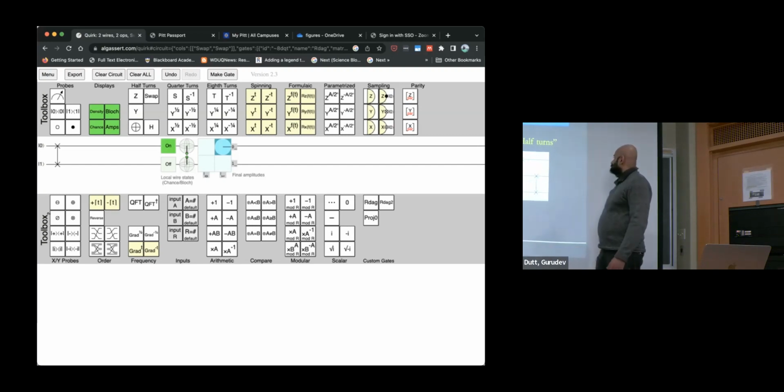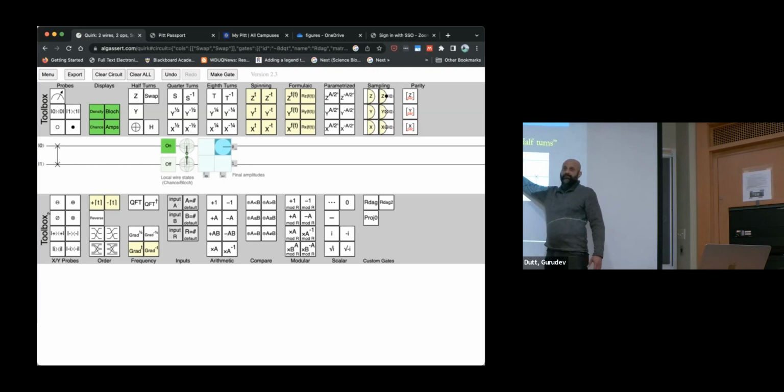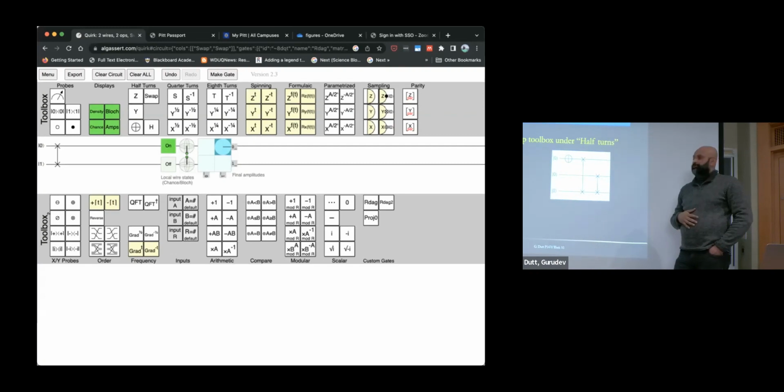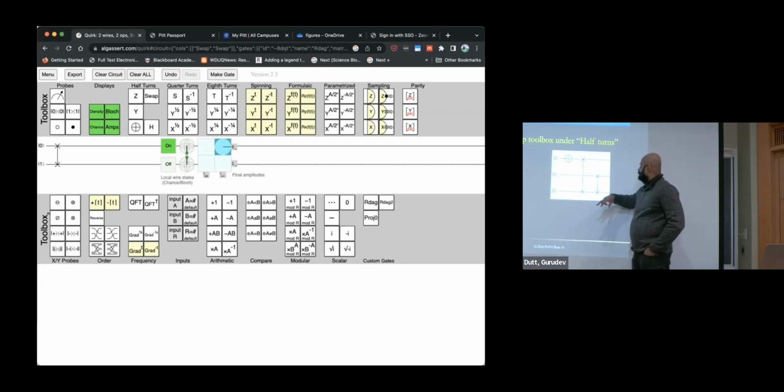It's saying the first qubit has a NOT gate on it. Remember, this symbol here is a NOT gate or an X gate. In Quark, at least, they are the same thing. In Composer, as we'll see, they are different symbols. That's all. And then we see a swap operation.